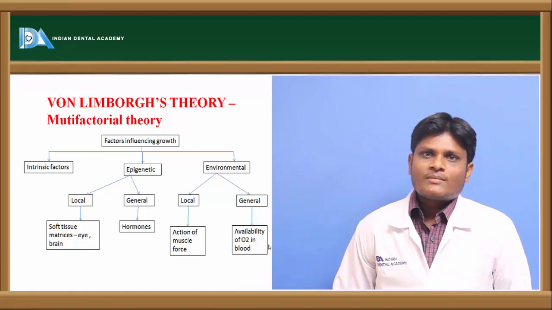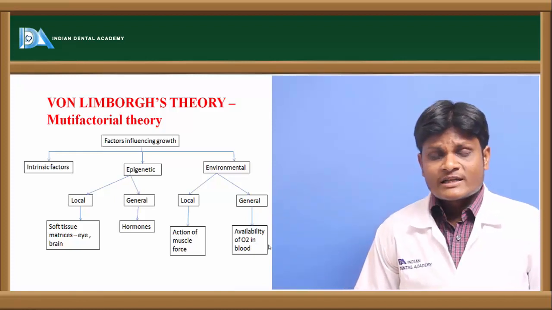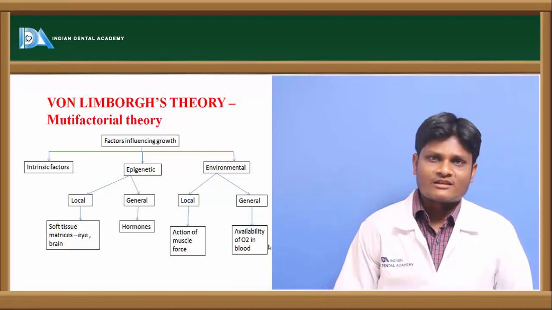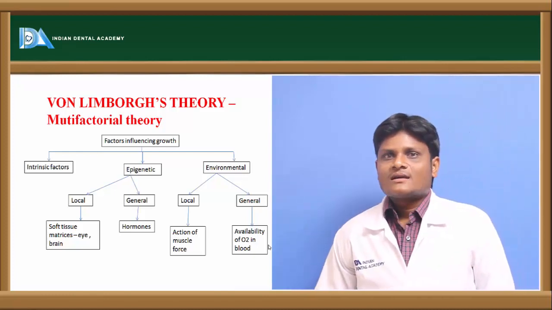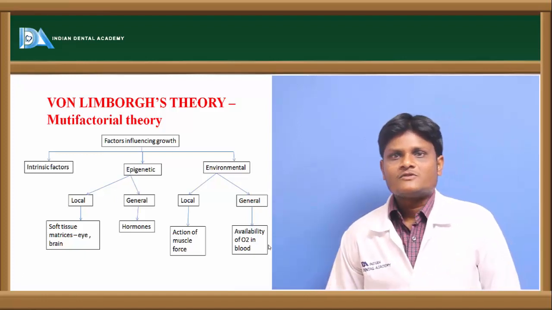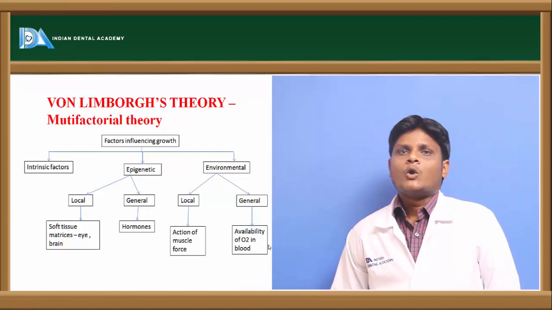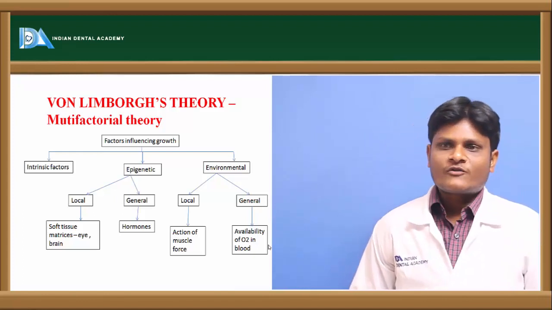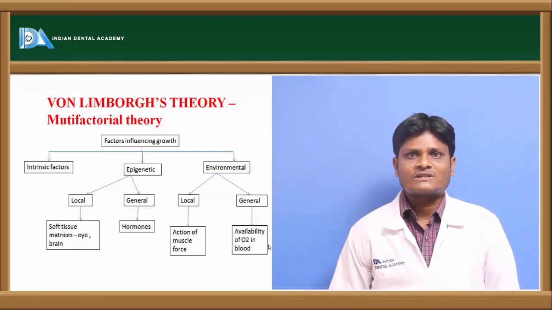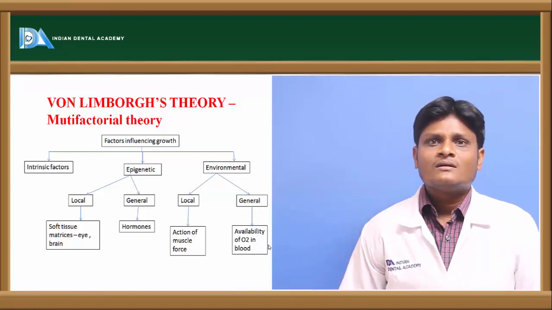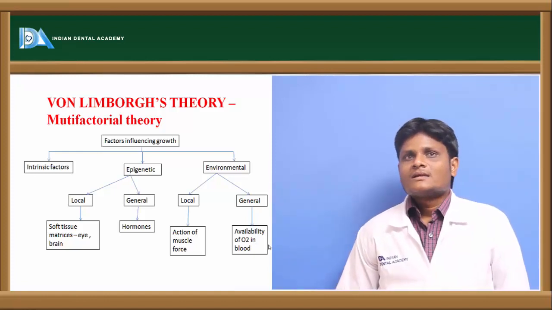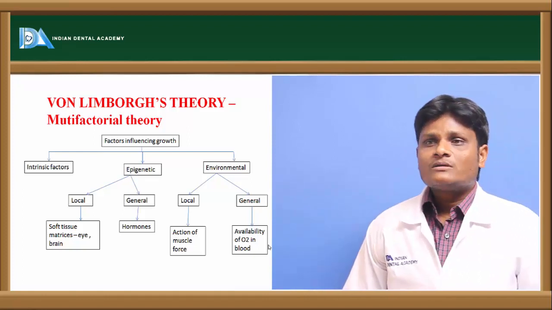Intrinsic factors are nothing but the genetic makeup of the portion that is growing by itself, whereas epigenetic factors can be further classified into local epigenetic factors and general epigenetic factors. Local epigenetic factors include the soft tissue matrices like eye, brain, and whatever soft tissues are present in the vicinity of the bone that is growing, whereas general epigenetic factors include the hormones.